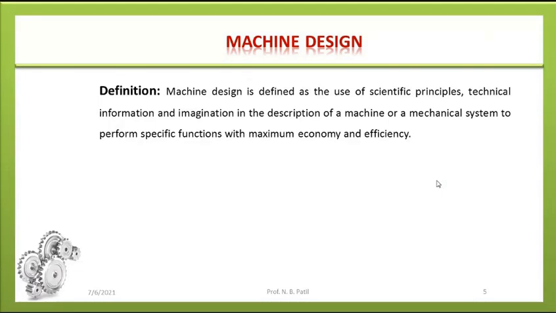You are required to select the material for that particular component and, considering all those factors, design the component so that it fulfills the customer's requirement with good quality, while optimizing its cost also. So it maximizes your economy and efficiency. Machine design is like this.